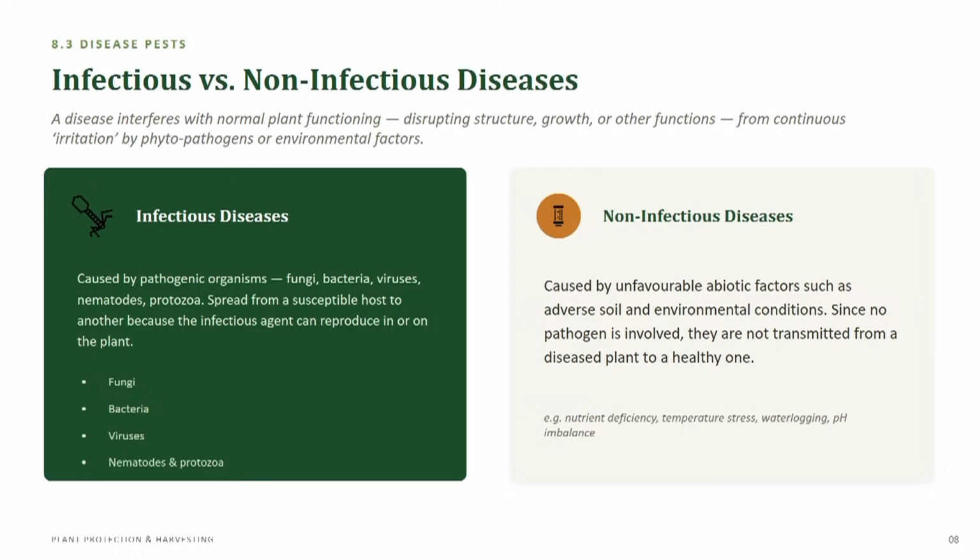Infectious disease is caused by pathogenic organisms that are fungi, bacteria, viruses, nematodes as well as protozoa. These infectious diseases can spread from one plant to another with the help of vectors or through the spread of the infectious agent.